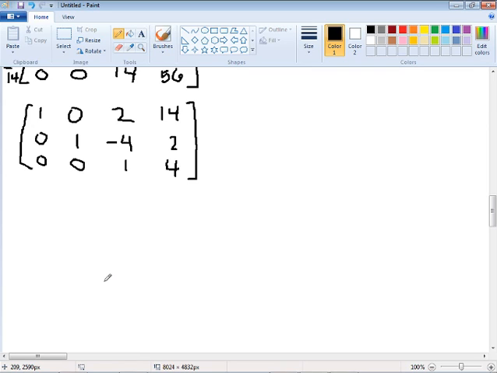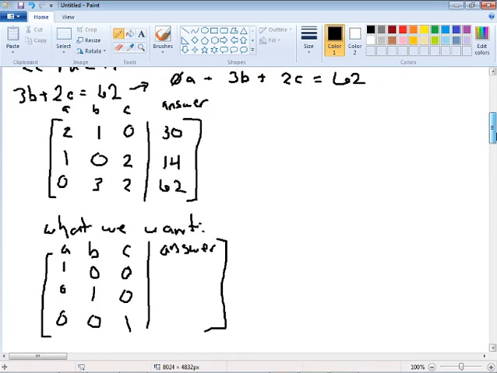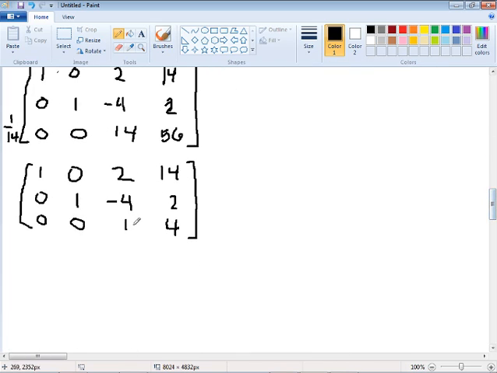Now we can finish this two different ways. If you notice, I already know what my variable c is, that we put way up here. My variable c is going to be 4. What we could do is go back and redo our equations and say, well, a plus there's no b, 2c is equal to 14.